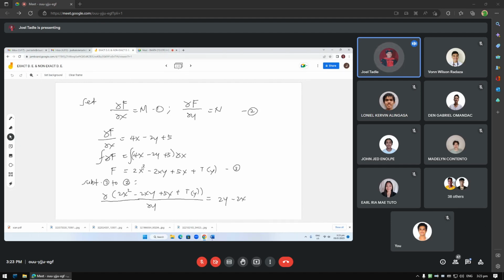Nakainomdom pa mo sa integral, guys? Katong power formula sa integral, nakainomdom mo? Ato ni gamitan og power formula, no? 4x dx. Unsa man tay formula? Integral of u to the power of n is equal to u to the power of n plus 1 over n plus 1.